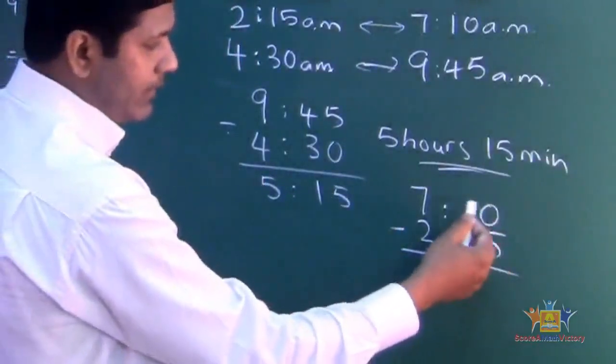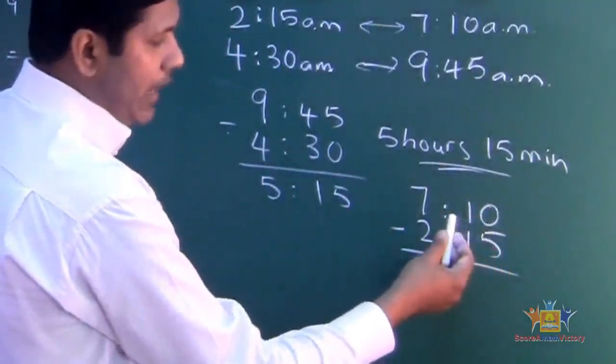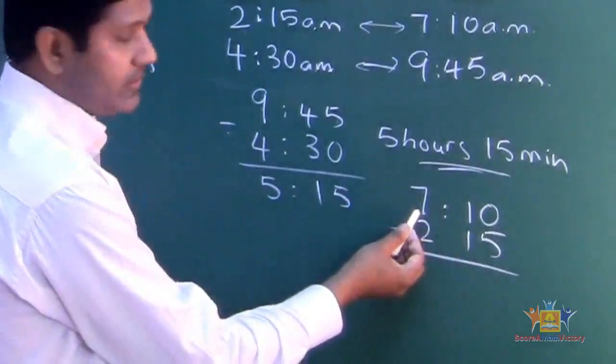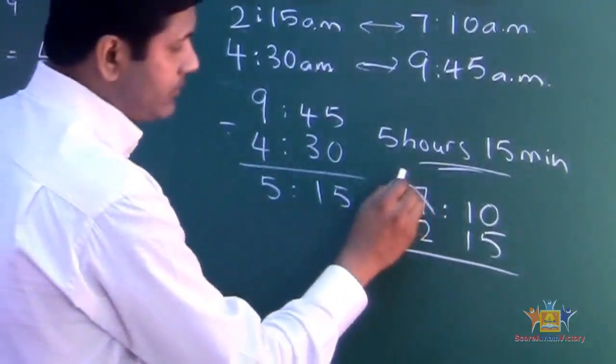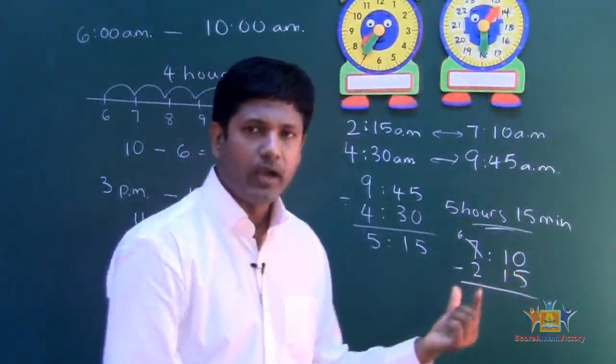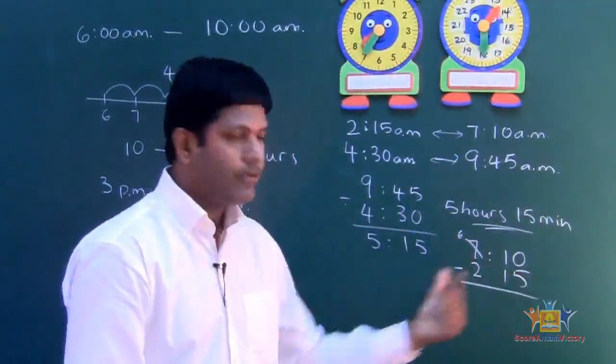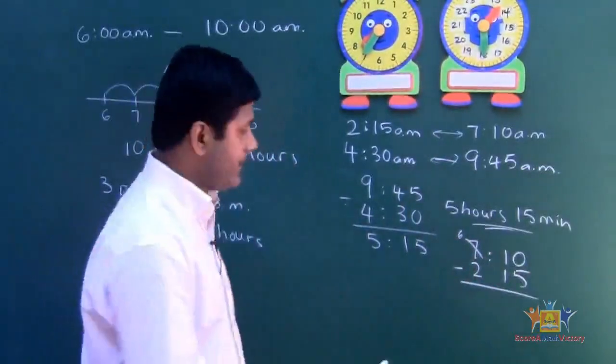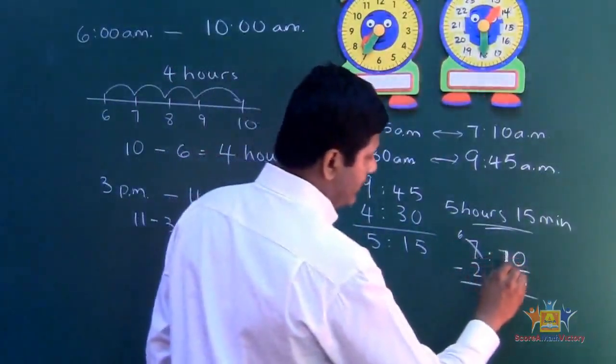But look at this, the numbers are kind of small, so I have to borrow from 7. 7 becomes 6. That 1 hour, when I turn it into minutes, becomes 60 minutes. Adding to the 10 makes it 70 minutes, so I put 70 right there.